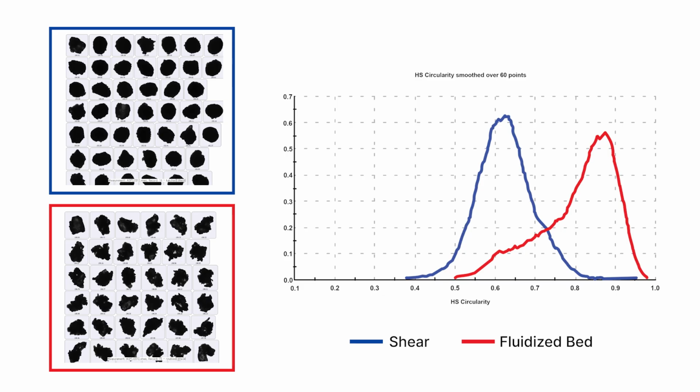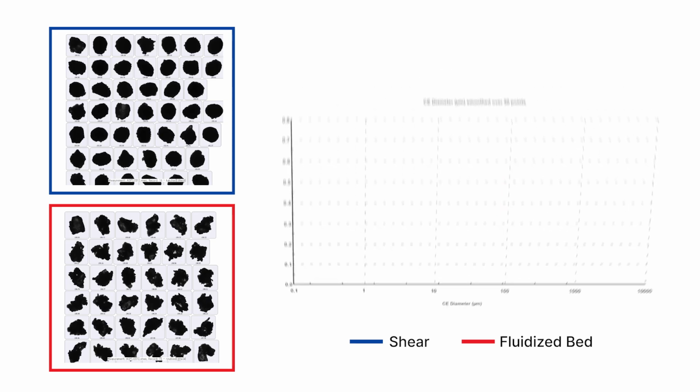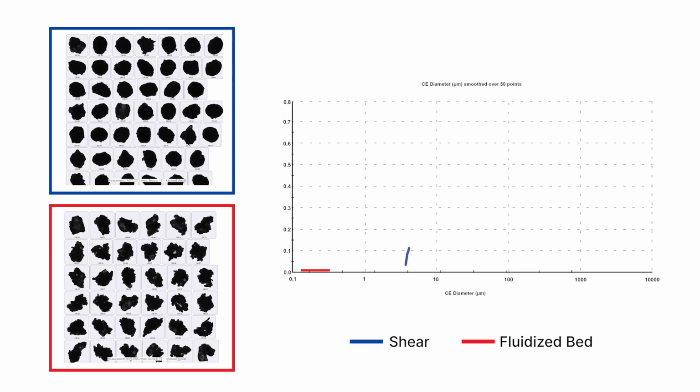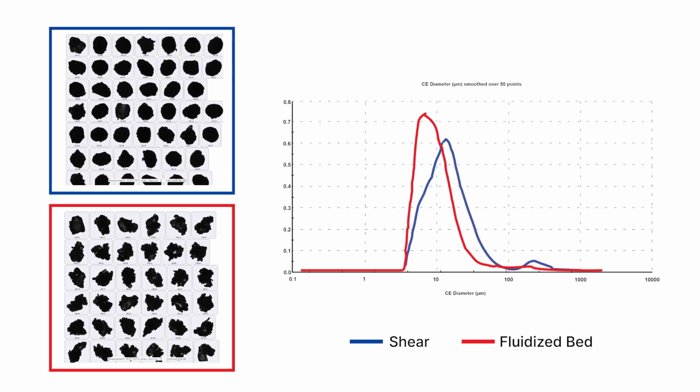And that makes the granules harder to move as a bulk and increases the energy required to flow. But also, those shear granules showed a broader distribution, which tends to mean more complex packing, and those smaller particles jam up the larger particles, which adds resistance to flow.